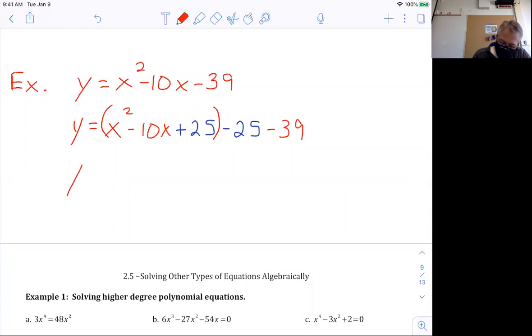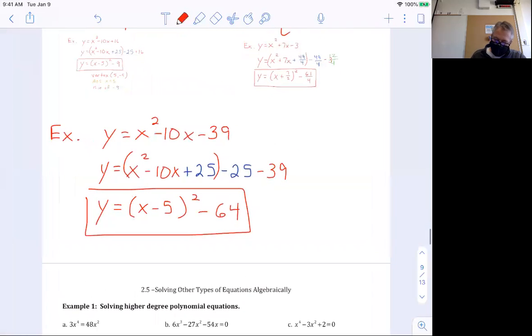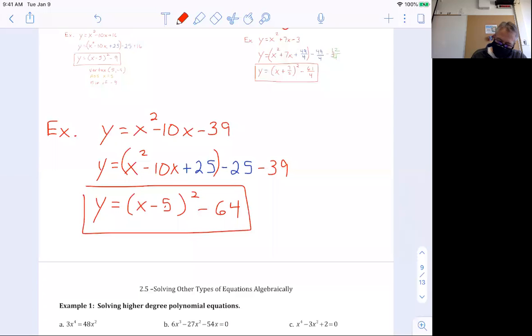So when we factor, we get y equals x minus 5 quantity squared minus 64. And again, notice like before, when it factored into x minus 5, it's always x and then half of the b term.